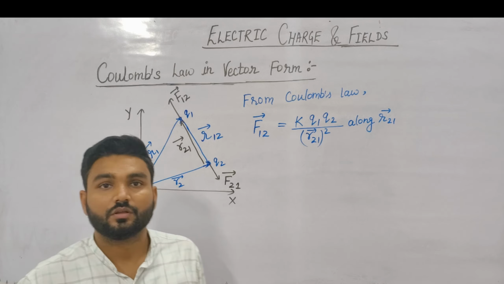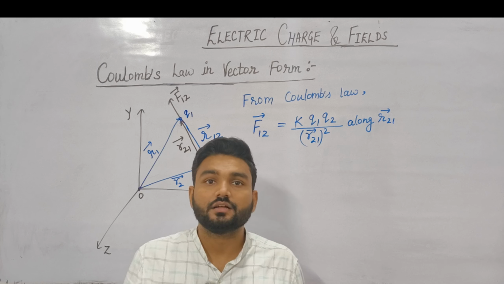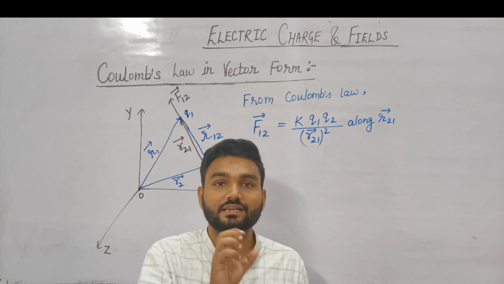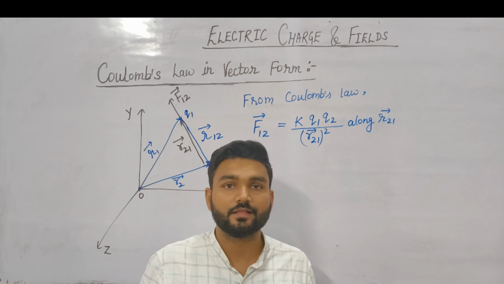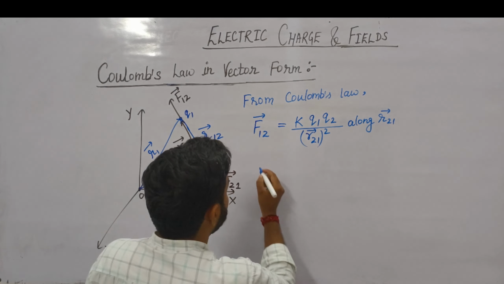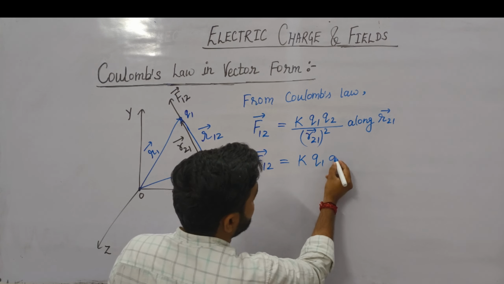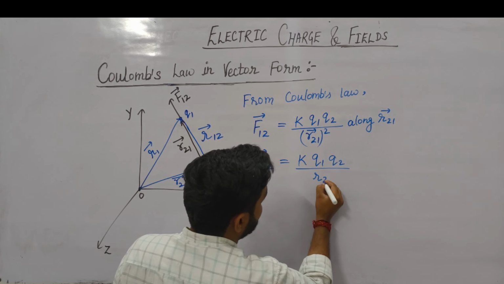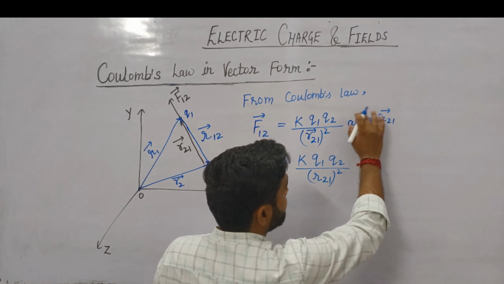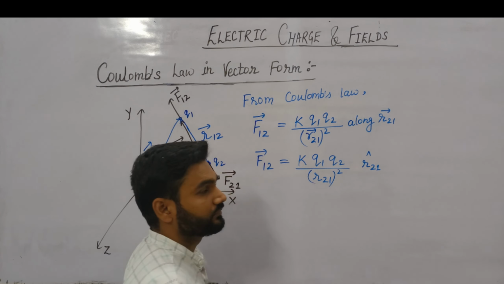Now we know that in any vector quantity, the unit vector defines the direction of that vector. So here in this force we can also write F12 vector is equal to K Q1 Q2 divided by R21 square, and in direction we can write R21 cap.